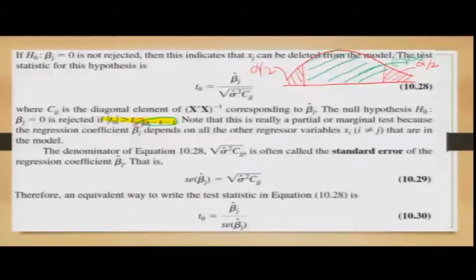So, let me continue reading it. The regression coefficient beta j depends on all the other regression variables x i, i not equal to j, that are in the model considered. The denominator of this equation, which is the square root of sigma hat square C_jj, is called the standard error of the regression coefficient beta j, because you are multiplying the variance by a multiplying factor.